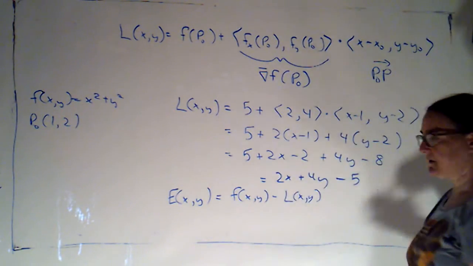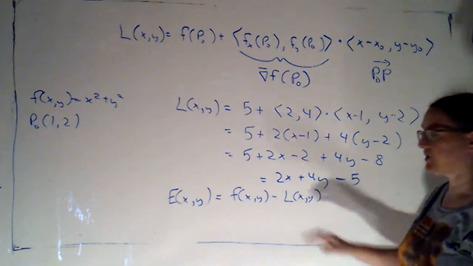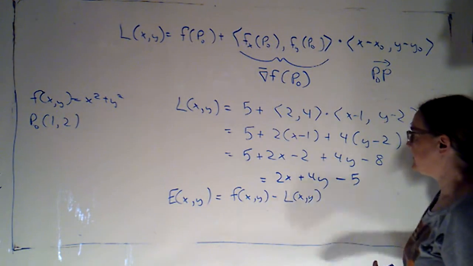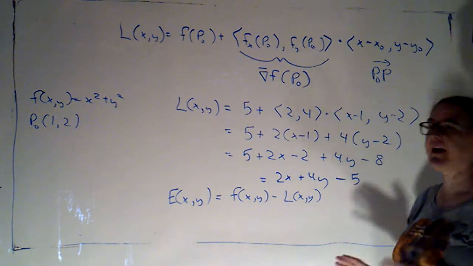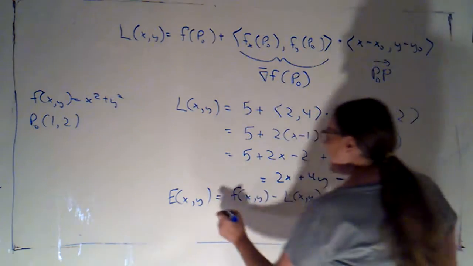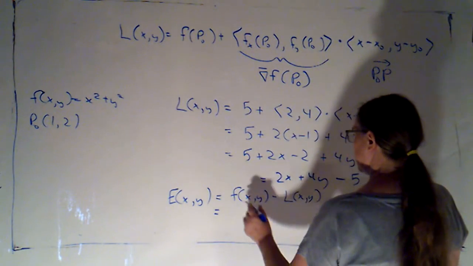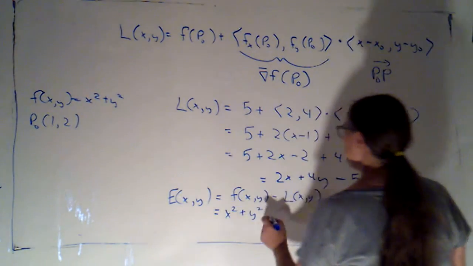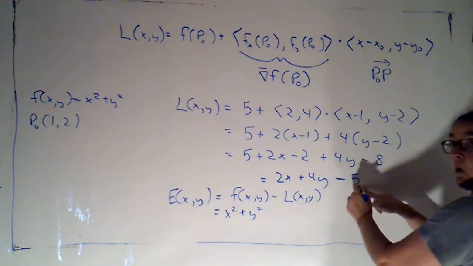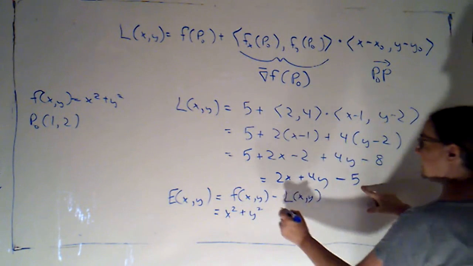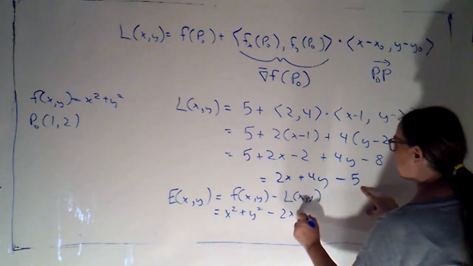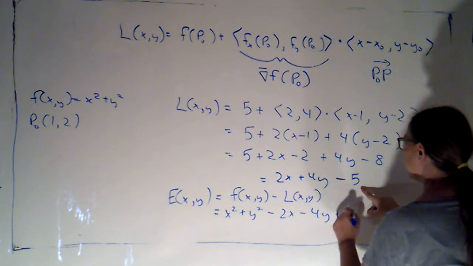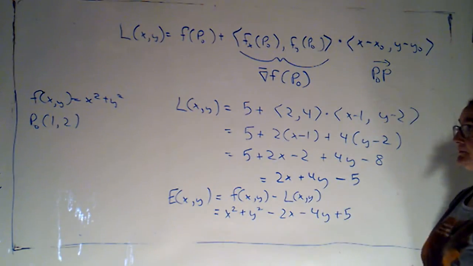It is important that we know the order in which we're subtracting them, simply because it is a signed value. So that's going to be x squared plus y squared minus this whole thing. I'm going to just distribute my negative. That's going to become minus 2x minus 4y plus 5.